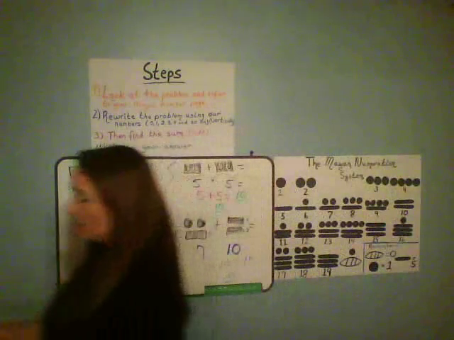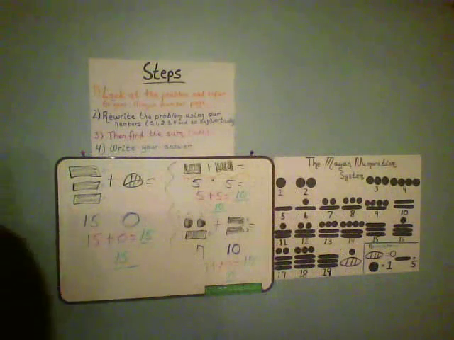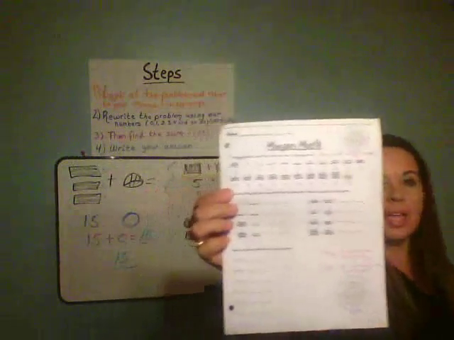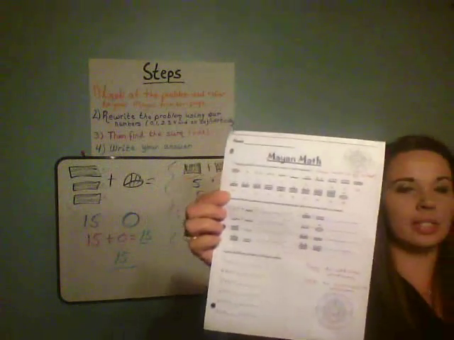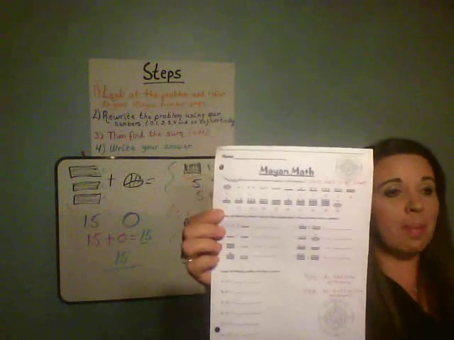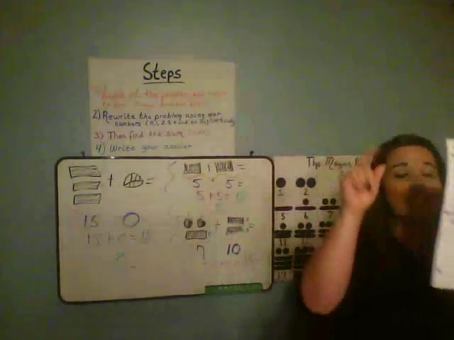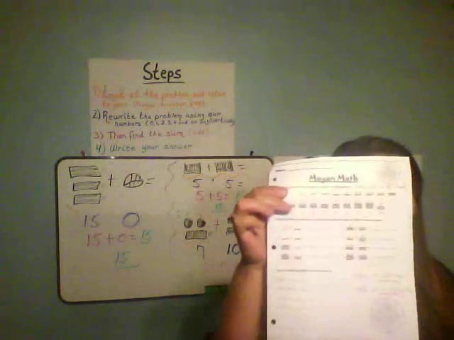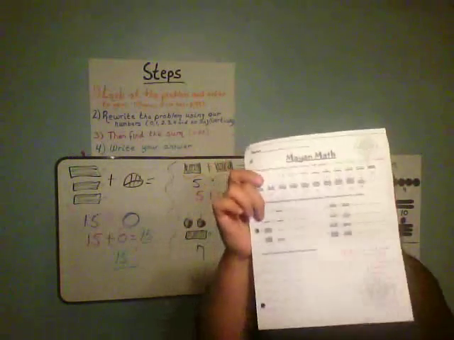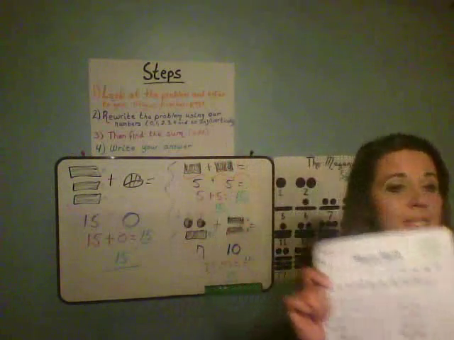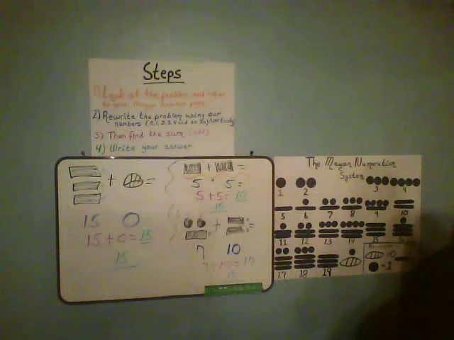Okay, so let's talk about the homework. We have a Mayan math worksheet. On this Mayan math worksheet, all eyes up on me because it's important. On this Mayan math worksheet, we have addition and subtraction. So you have to make sure you only do the addition because those are the only ones that we worked out.